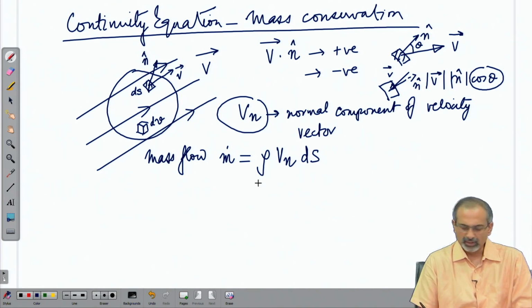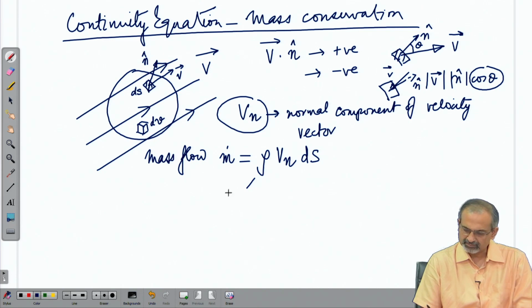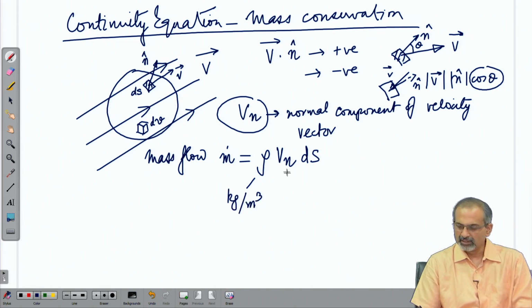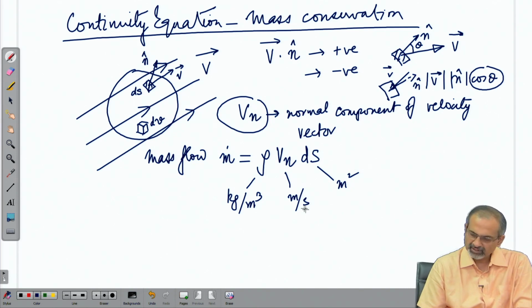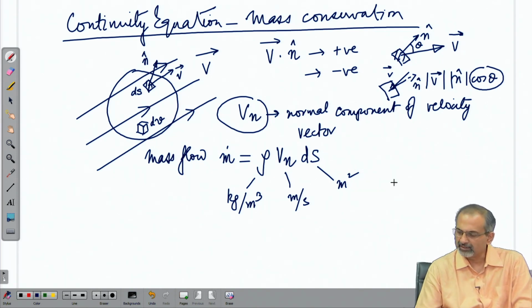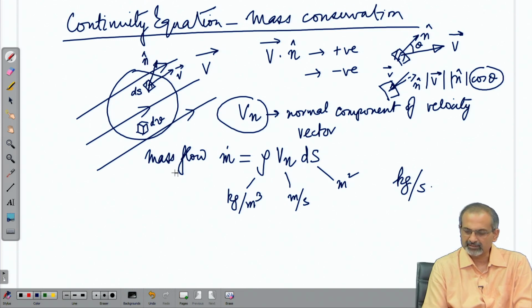Okay. So, if you look at the dimensions of these quantities, the density dimension is kg per meter cubed, the normal component of the velocity will be meters per second, this will be meter square, and therefore, if you multiply them, you get kg per second. So, this is the time rate of mass flow.